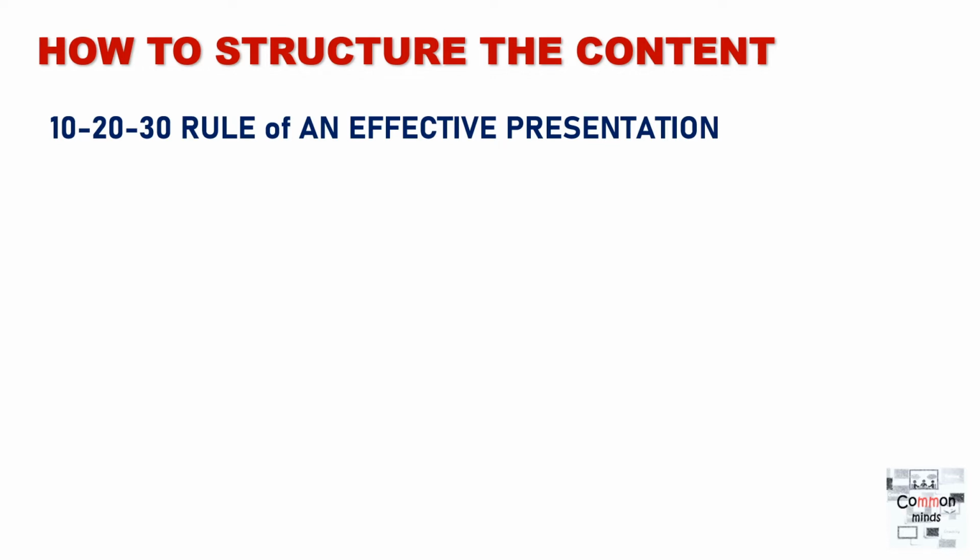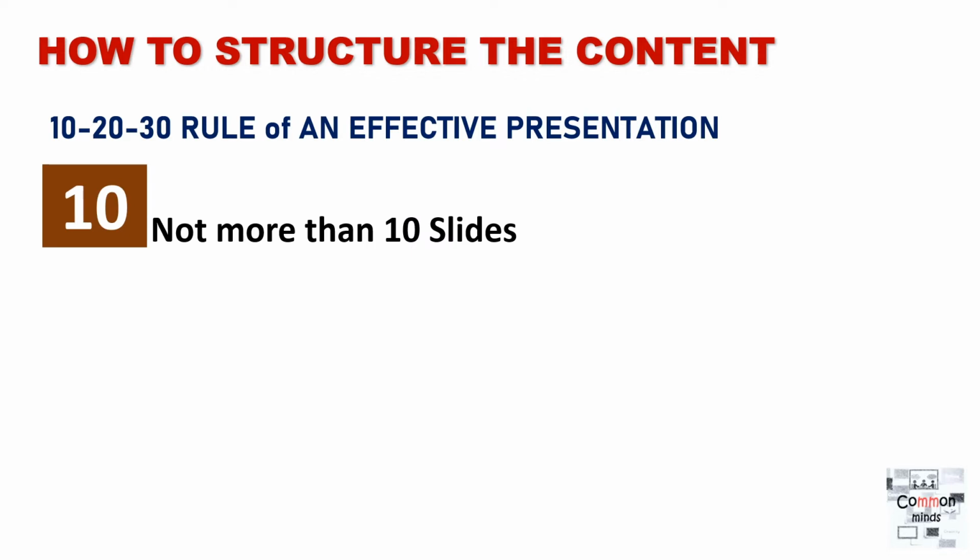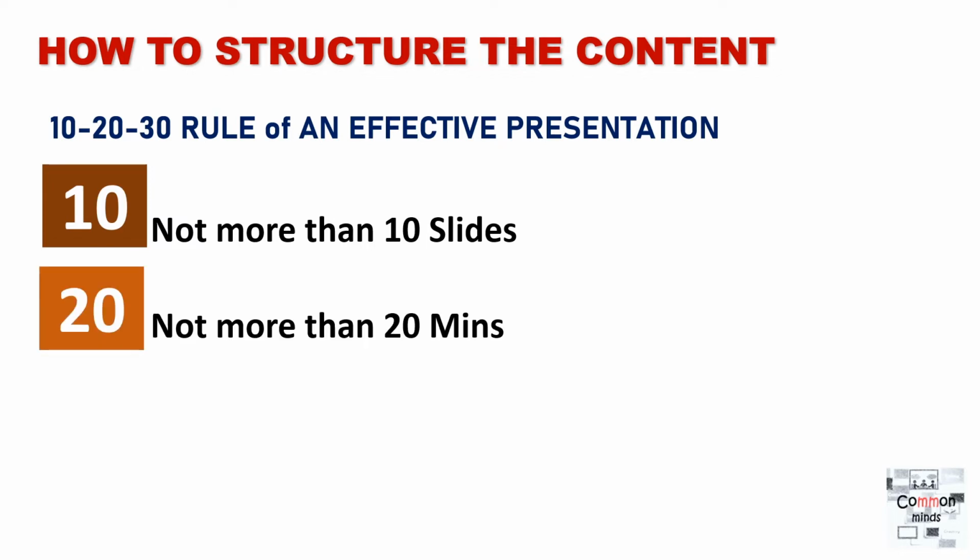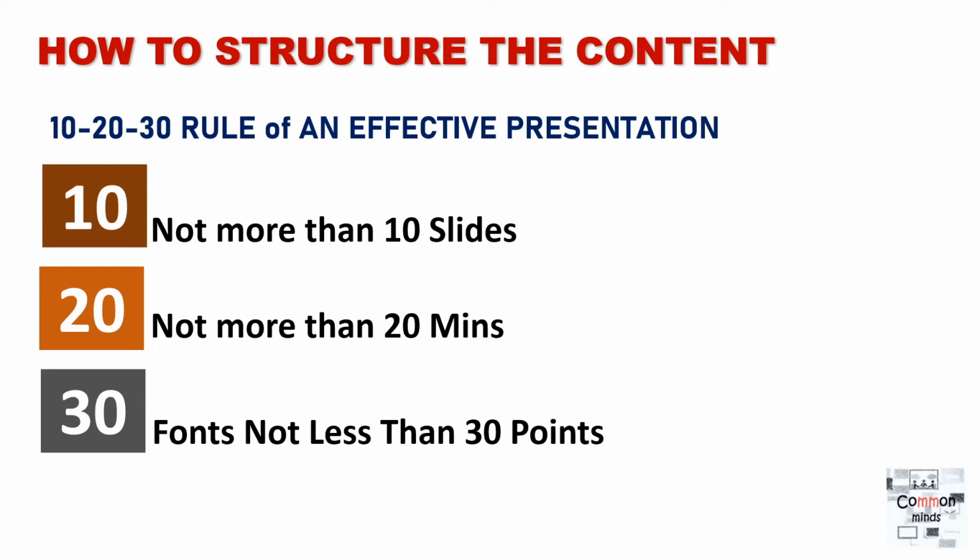And what does it say? It says that your presentation should not be more than 10 slides. It should not surpass more than 20 minutes, and it should not have fonts which are less than 30 points. So if you want to make an effective presentation, you should always follow this rule.